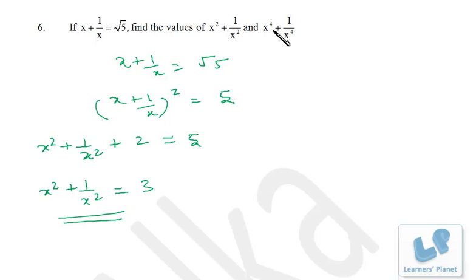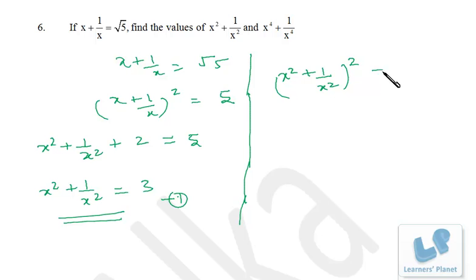Now to get the value of x⁴ + 1/x⁴, you square this expression, right? So this is, suppose, 1. Now squaring both the sides of this, I'll be getting (x² + 1/x²)² is equal to 9. Now this is (a + b)². Further we can expand it.